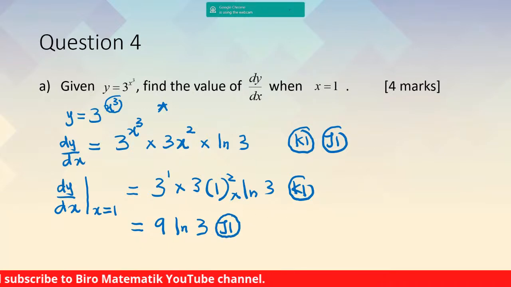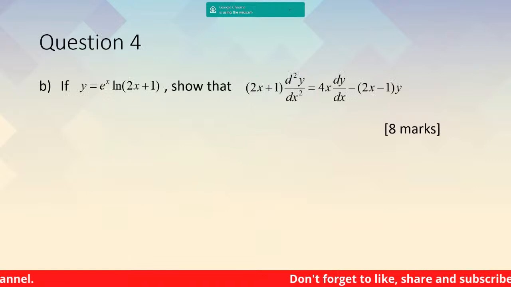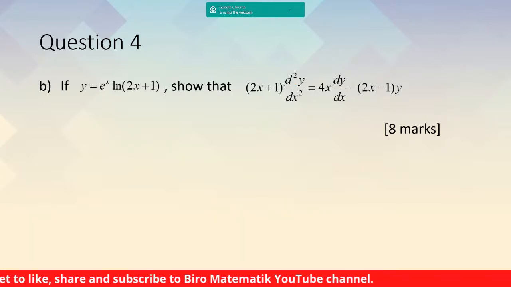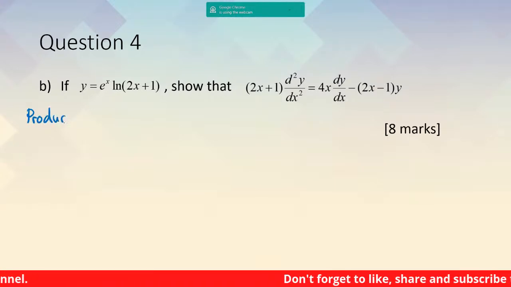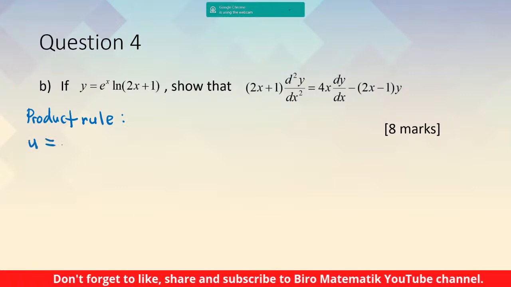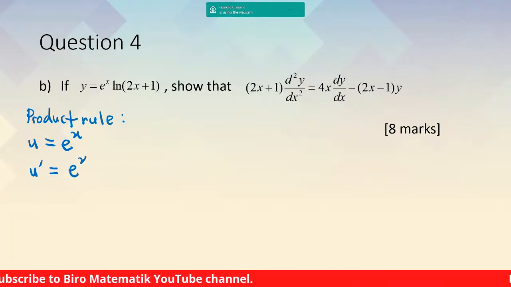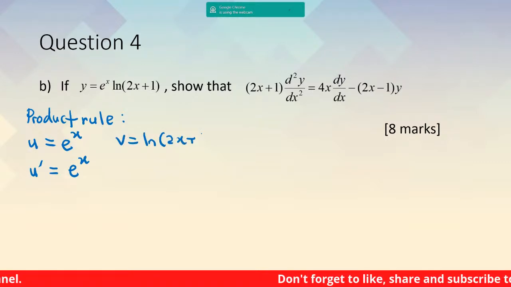Okay, next question. Question 4B. Given y equals e^x ln(2x plus 1), show the given result. Okay, so by using product rule, u is e^x, u prime is the derivative of e^x, and v is ln(2x plus 1).